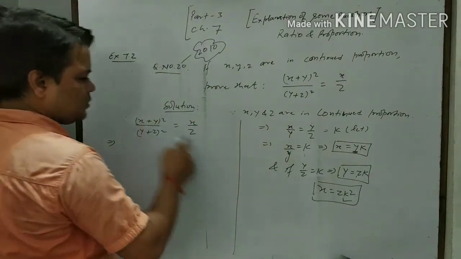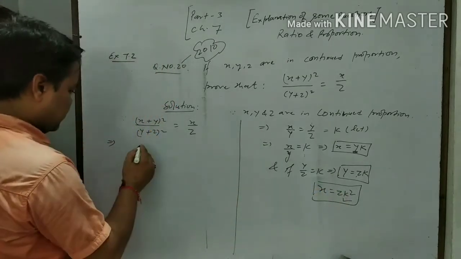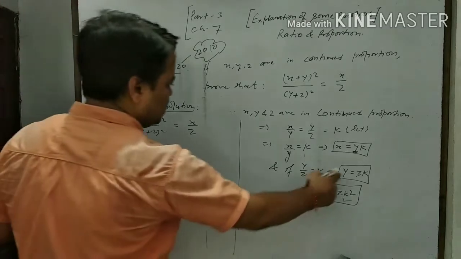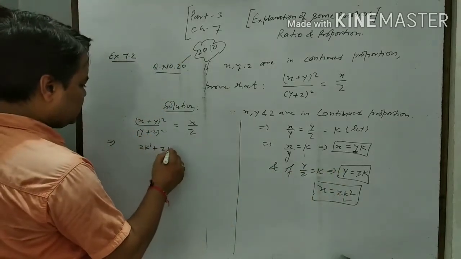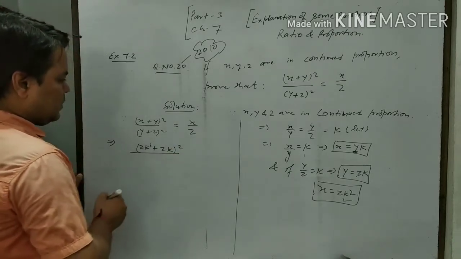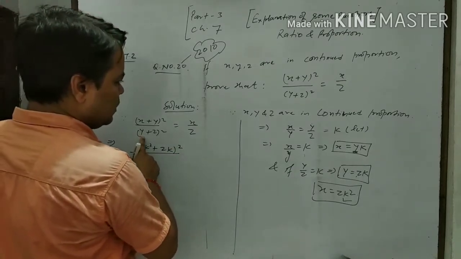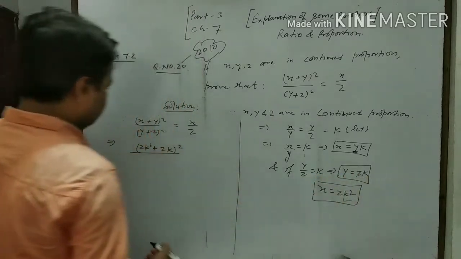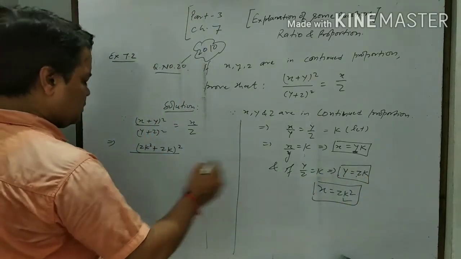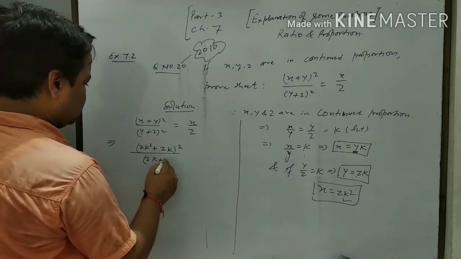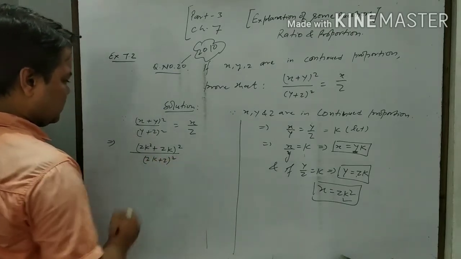Here x is equal to zk square, plus y, which is zk, whole square, upon, the value of y is zk, plus z, whole square.